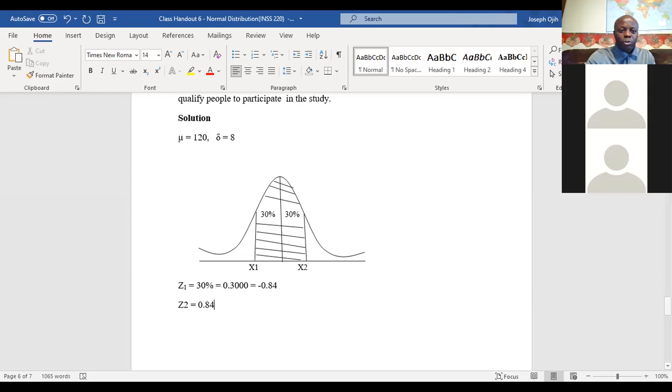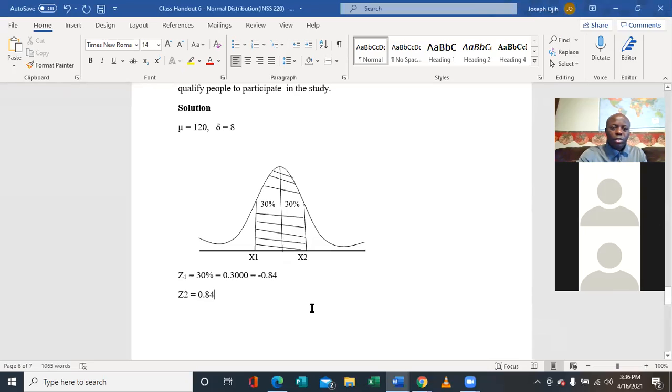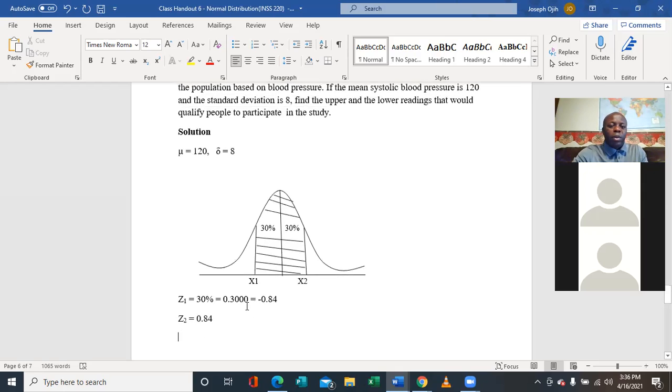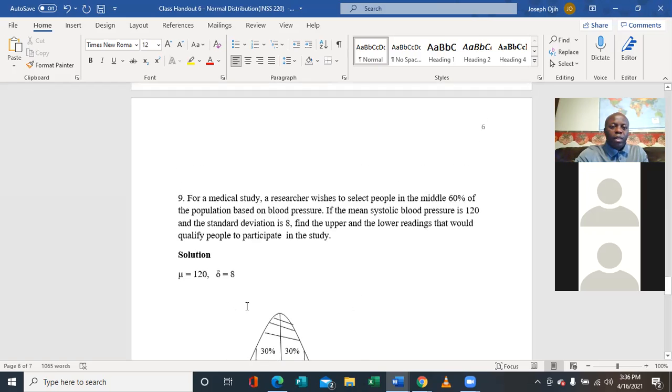Okay, you saw that part, right? Yeah, we're good. So now we have the mean, we have the standard deviation, we have the Z for the two sides. Now we are ready to plug in the formula.